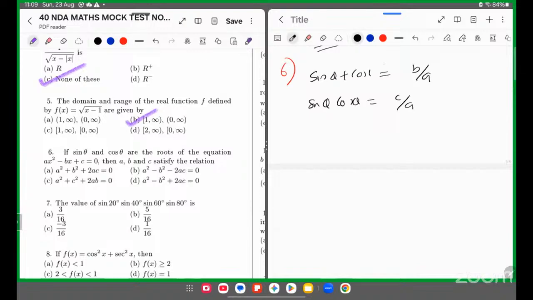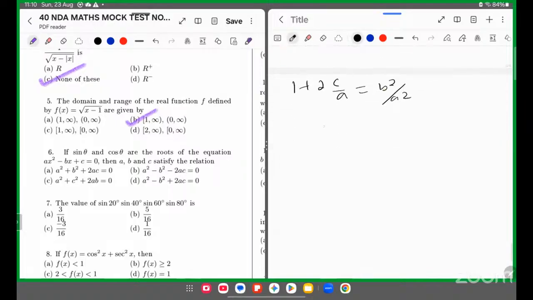If you take the square of the first relation, I can write it as sin square theta plus cos square theta plus 2 sin theta cos theta equal to b square by a square. So 1 plus 2c by a equal to b square by a square.